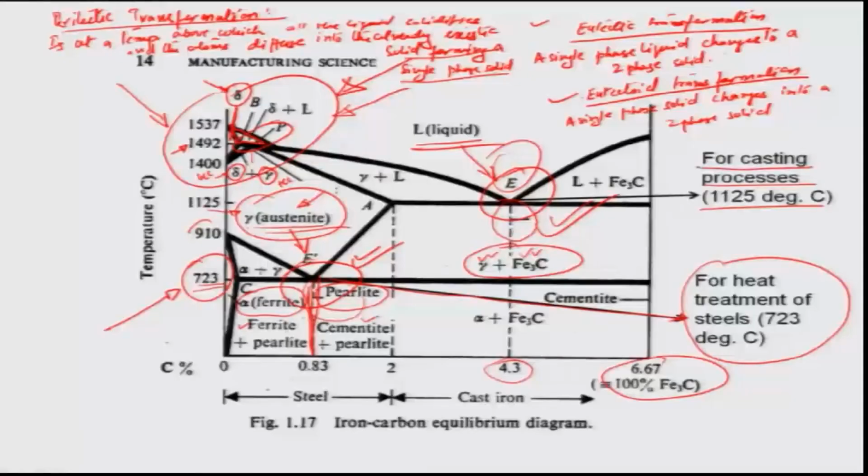So, this is not of much significance, although from the engineering standpoint, the materials engineering standpoint, we try to explore this particular point of temperature. So, having said that, we have these three points, eutectic, eutectoid and peritectic, in the iron carbon equilibrium diagram.